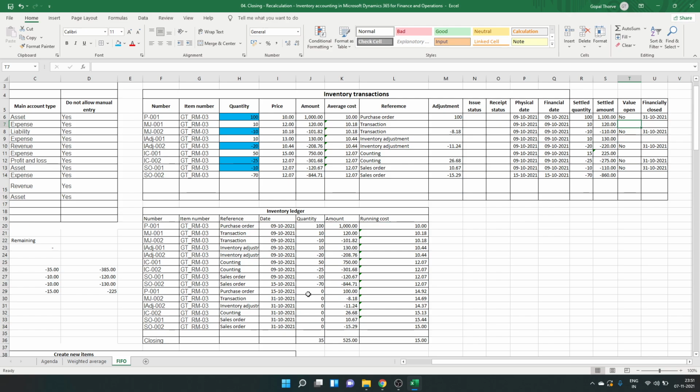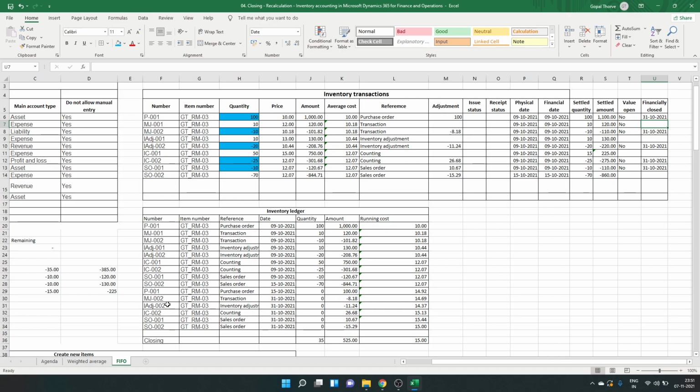The second transaction is also settled at 120. Now this should actually be equal to this. So this is also settled.